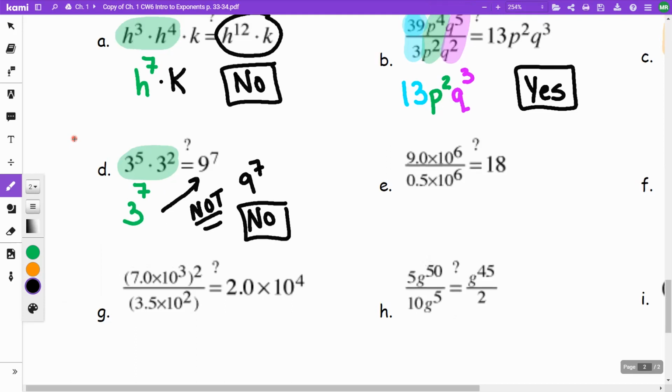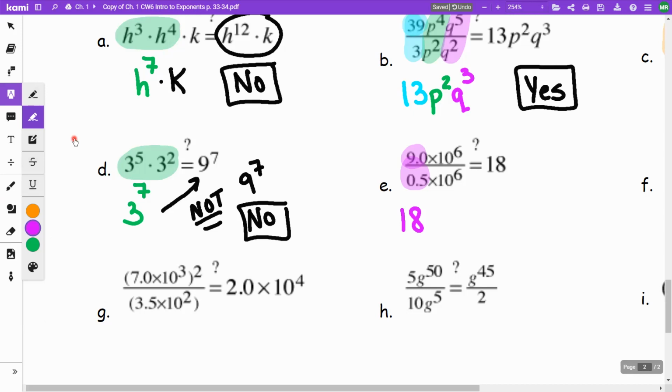On the next one, I have to be careful here, thinking about my math. I'm going to take a 9 divided by 0.5. So think about how many halves in 9. Well, there are 2 halves just in 1. So 9 divided by 0.5 is going to be 18.